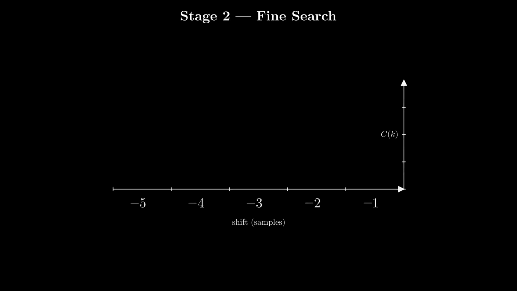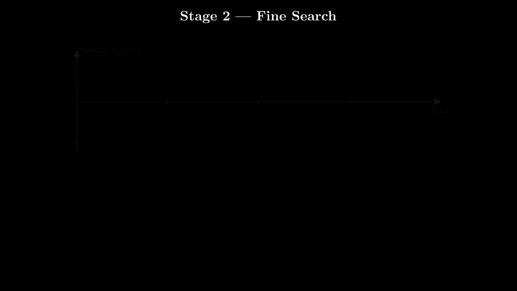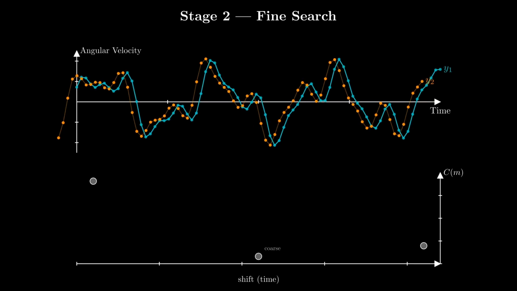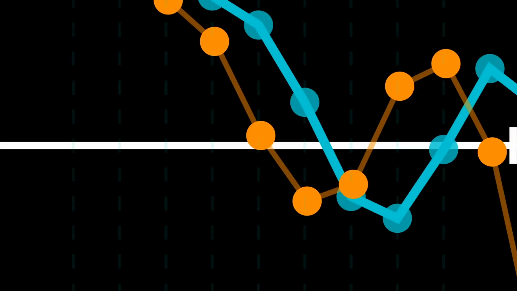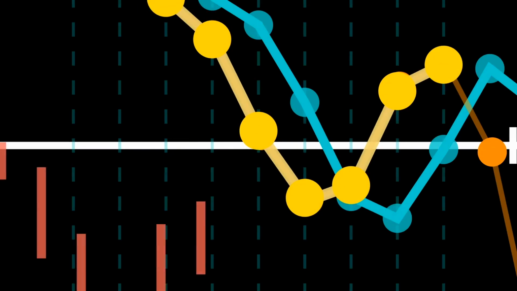In the second stage, we search within this window using a much smaller increment, the step size, which is typically a small fraction of ts. At each fine shift, the shifted time points generally fall between the original samples, so we linearly interpolate y2 to obtain values at the required positions.